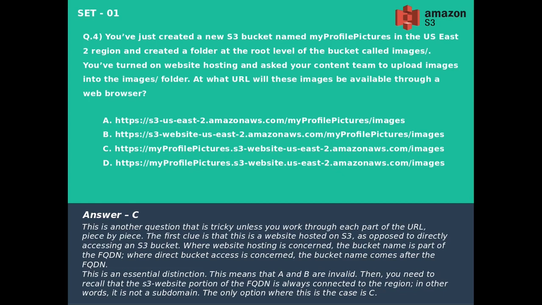Where website hosting is concerned, the bucket name is part of the FQDN. Where direct bucket access is concerned, the bucket name comes after the FQDN. This is an essential distinction. This means that A and B are invalid.